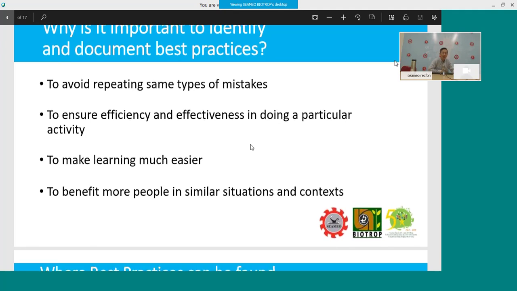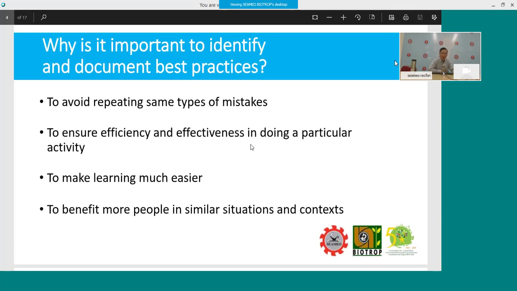So why is it important to document our best practice in our urban agriculture activities? We like to have this documented because we don't want to repeat the same mistakes that we have experienced in the past. So if we already know that this practice works very well, then we keep on doing that best practice, so we won't be committing any more mistakes.